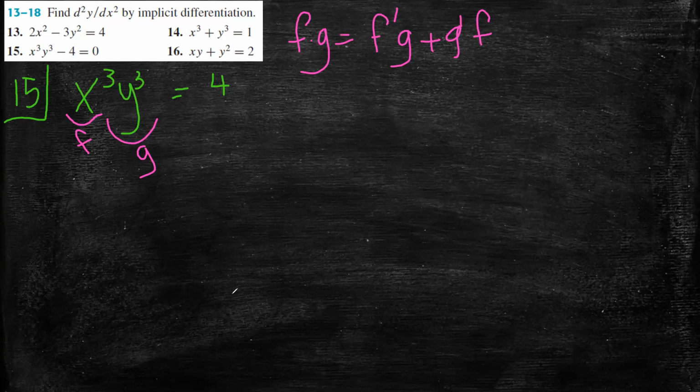F prime, where's f prime? 3x squared, yes, 3x squared times g. Y cubic. Just only g plus g prime. What is the derivation of y cubic? 3y squared.